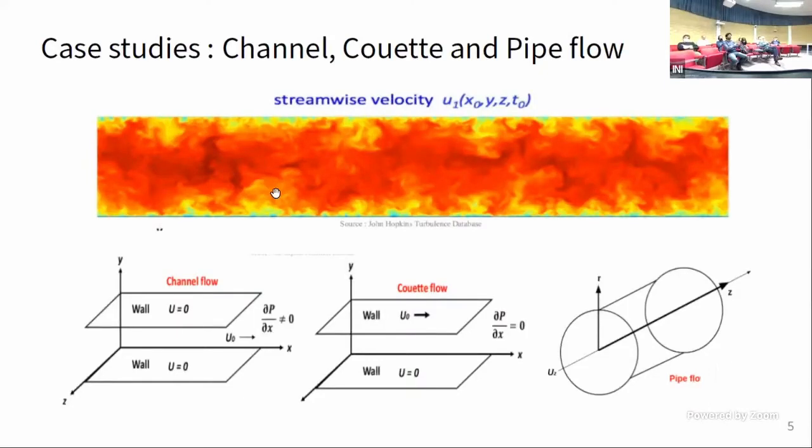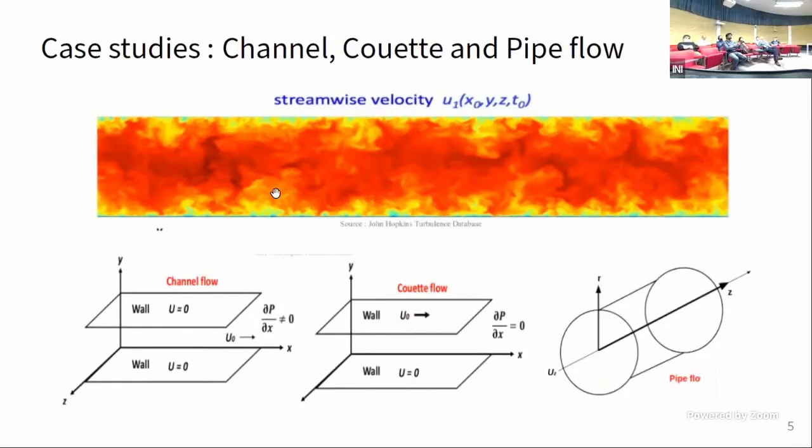The ones that are not shown, computationally we keep as periodic, so that becomes a computationally tangible simulation to do. And for the pipe, it's pretty much similar to the channel, but now you have the homogeneous direction, which is along the theta direction, or the azimuthal direction.